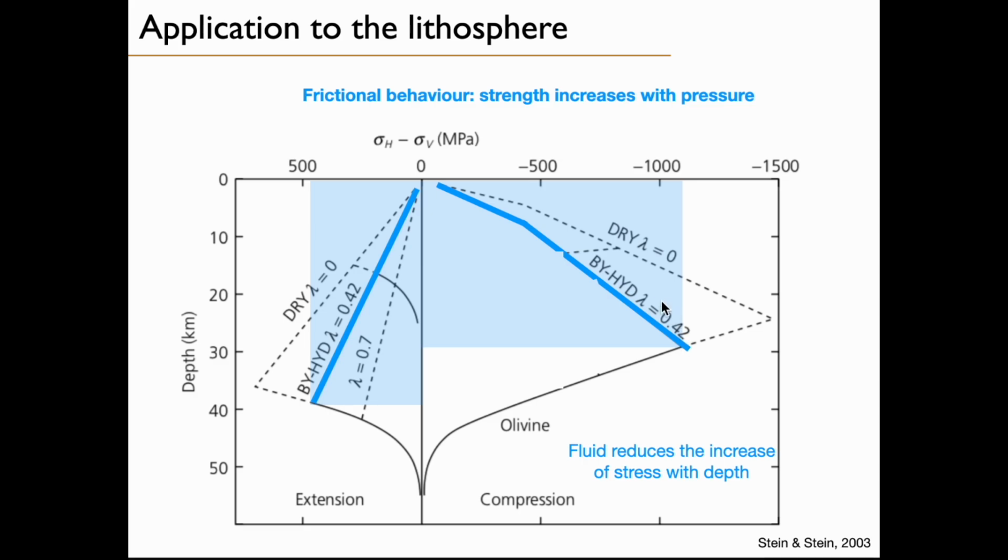And what is important is that in this regime, the fluid pressure can reduce the increase of stress with depth. So the slope of this line can be changed if you change the fluid pressure, basically. You can have different slopes here. But still, the behavior remains different in compression and extension.